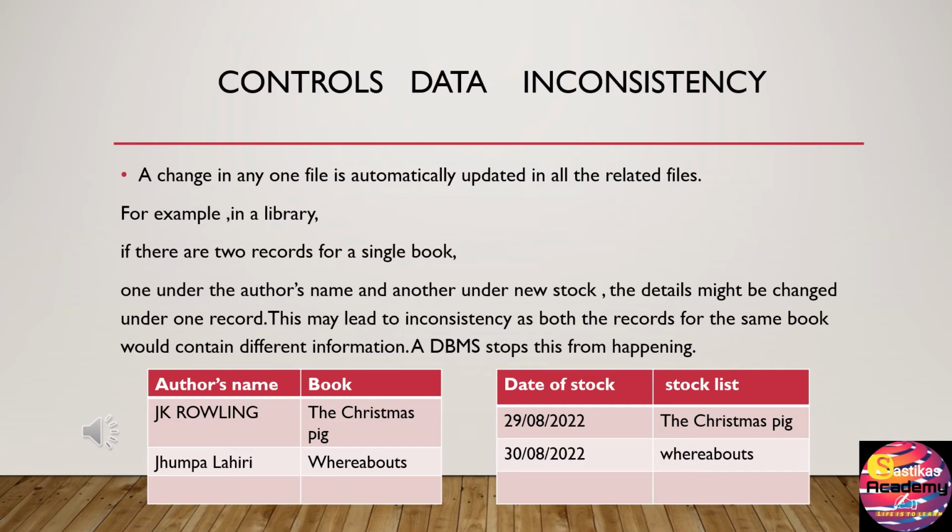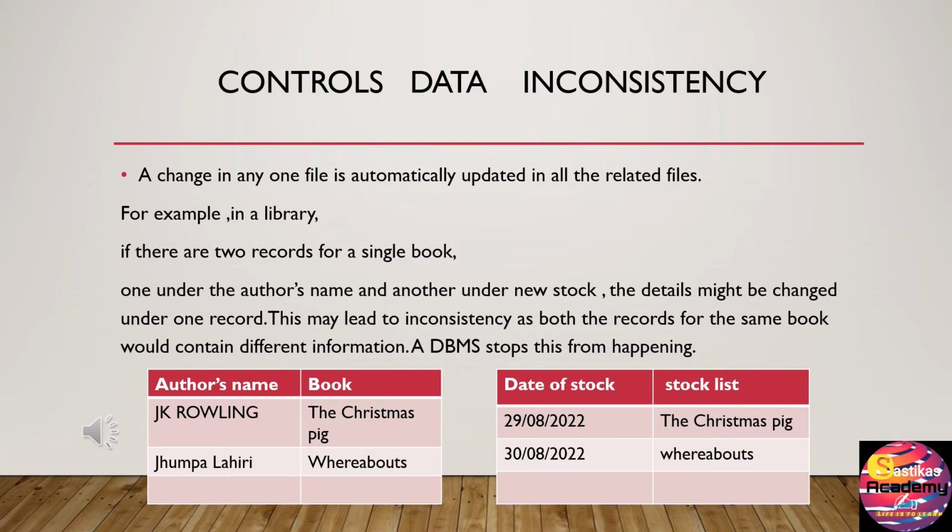Consistent means any rules are followed. If you change any information in this table, that change automatically may be reflected in the related tables, right? Then only we give proper records. That helps to control the data inconsistency.